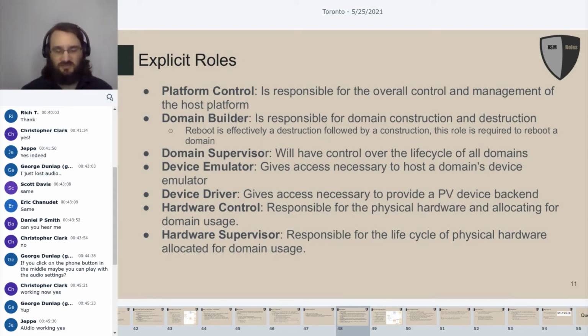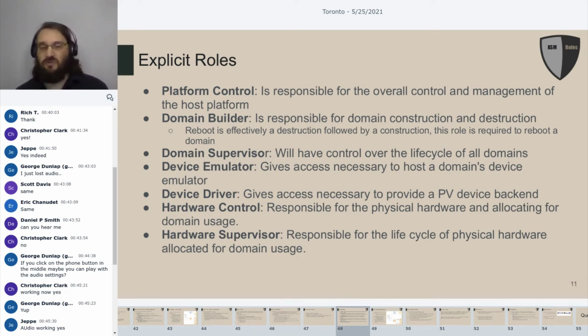As you could see when we hinted at the beginning, when we generalized the general roles in the system, we came up with these explicit roles that are pretty much a one-to-one mapping to those. So platform control is the platform management. Domain builder is responsible for domain construction, deconstruction, and destruction.